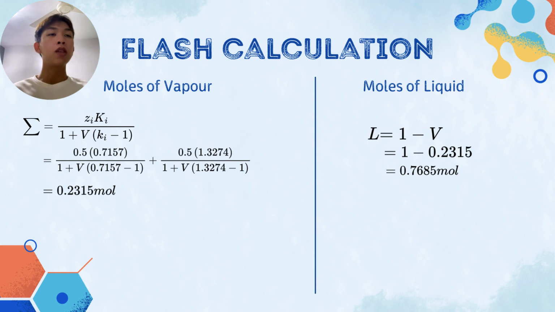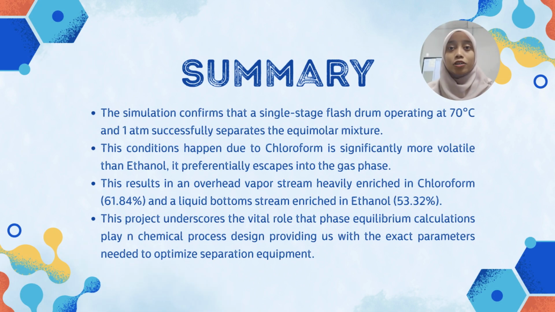And the remaining is the number of moles of liquid. So we use 1 minus number of moles of vapor, then we get 0.67685 mole.